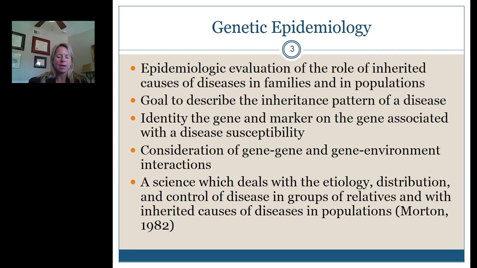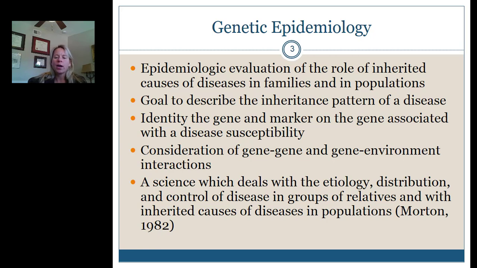And examples exist for that. We can look at birth defects and other things for which the environment is also having a role or plays a relationship with that gene expression.